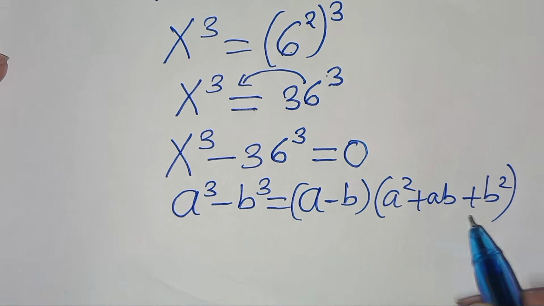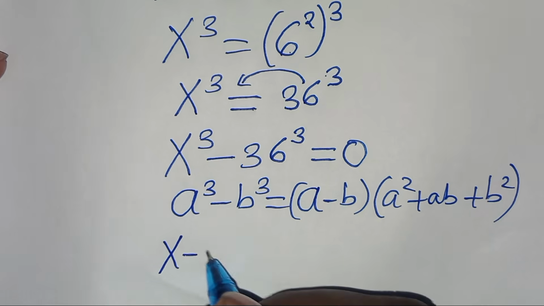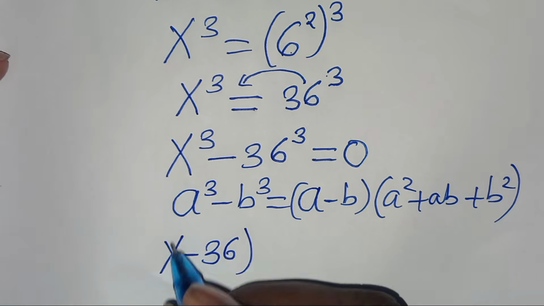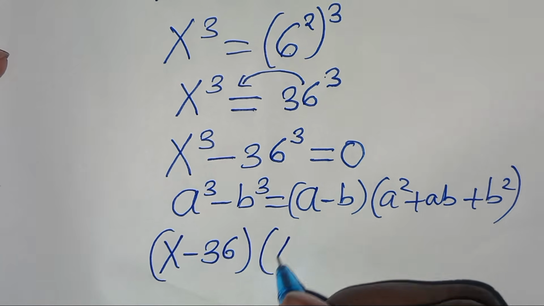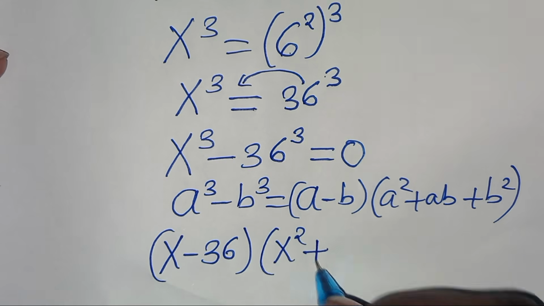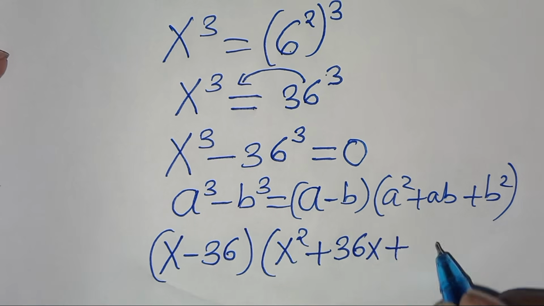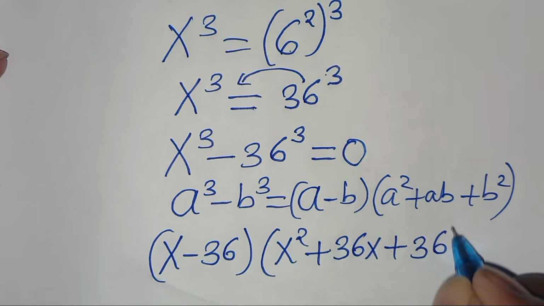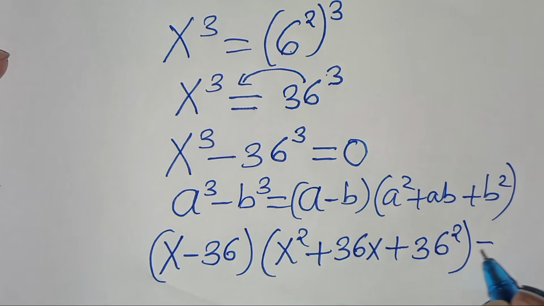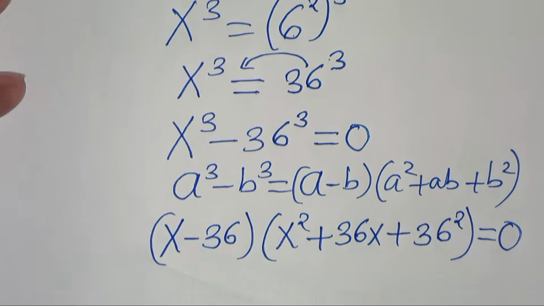Applying this identity, then we have (x subtract 36)(x to the power of 2 plus 36x, then plus 36 to the power of 2), close the parentheses, this is equal to 0.